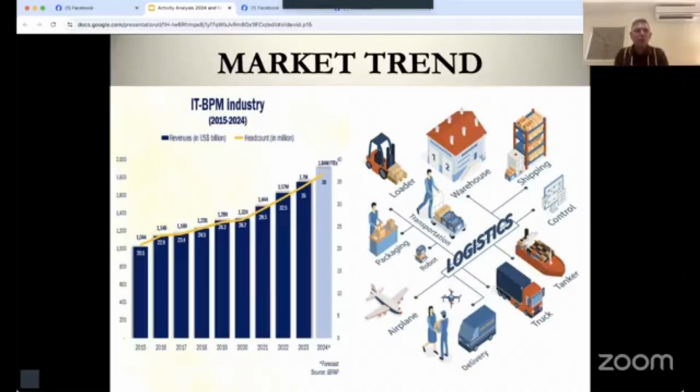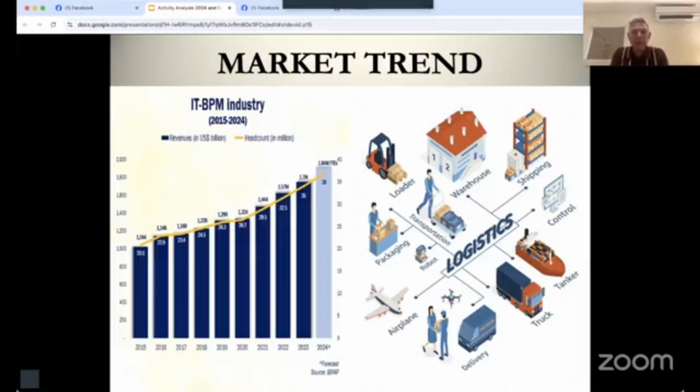And there are four major areas that remain on the radar of most IT-BPM and other multinationals, and that's BGC, Makati, which is now going through a renovation, they're rebuilding.